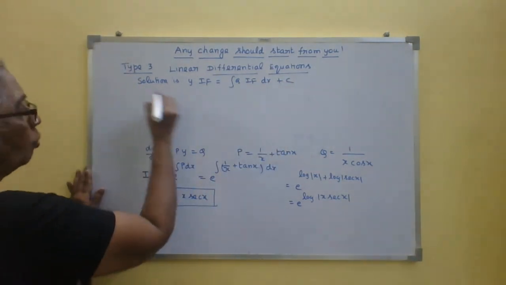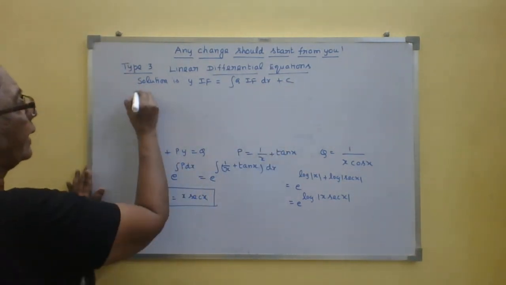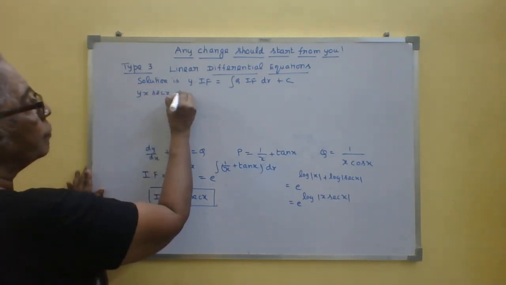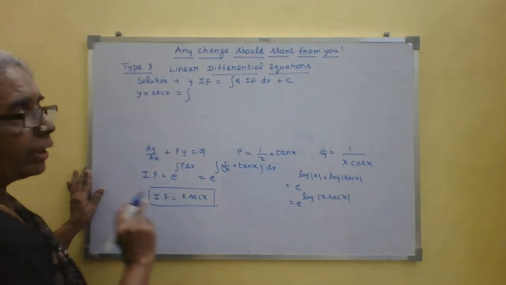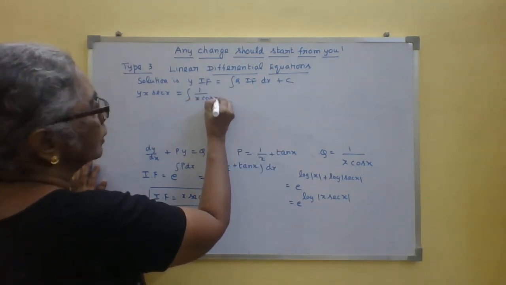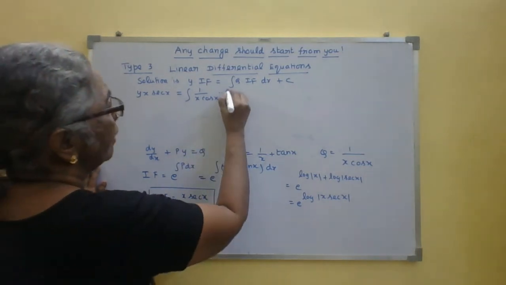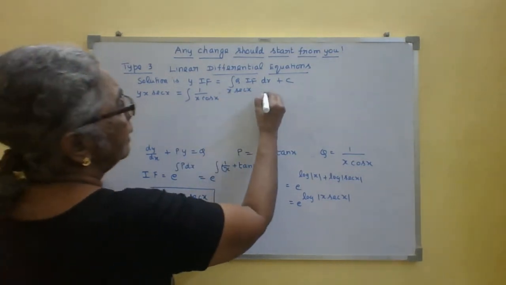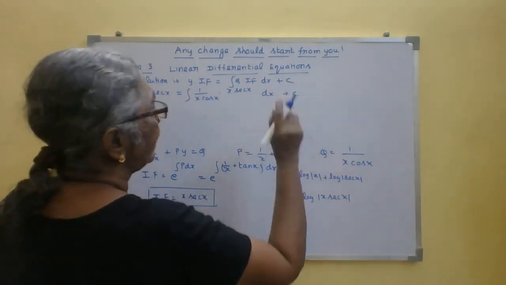So I get y x secant x is equal to integral of 1 by x cos x into x secant x dx plus c.